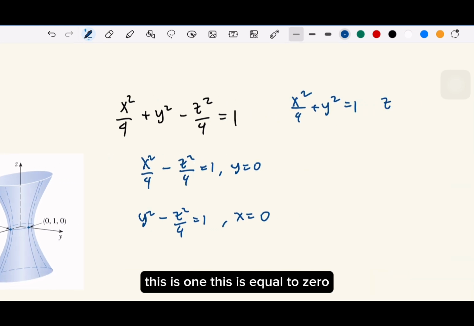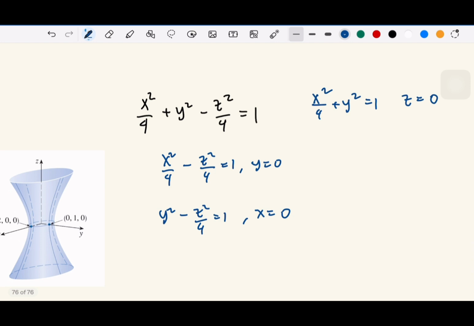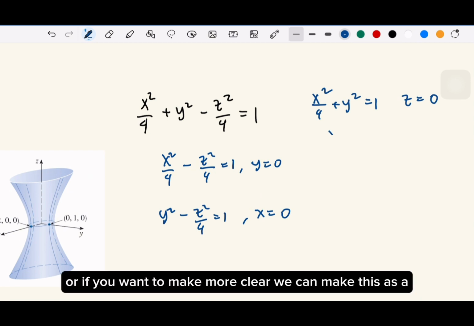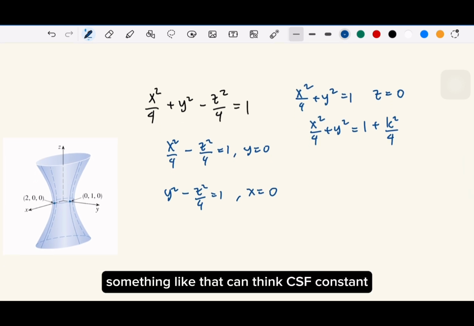This is when z equals 0. Or if you want to make it clearer, you can take z as a constant.